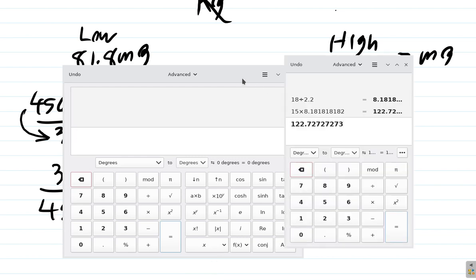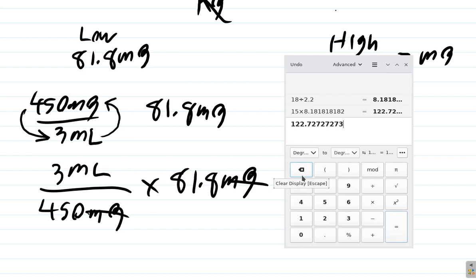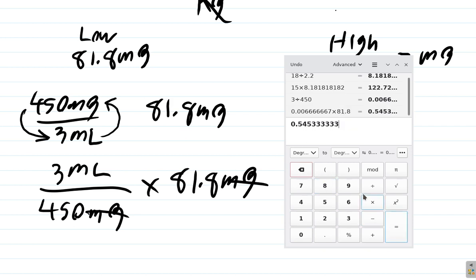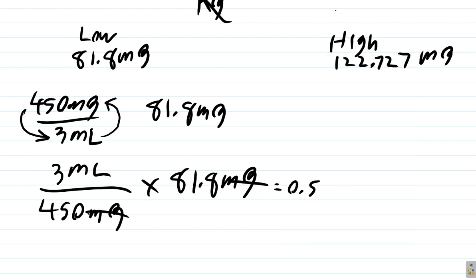So let's see how that one goes. 3 divided by 450, and we get that, multiplied by 81.8 equals, so we have 0.55, call it 0.55 milliliters, a little bit above half a milliliter of the drug, right?